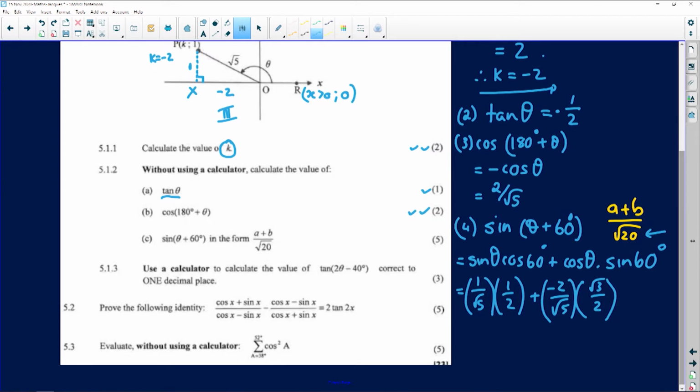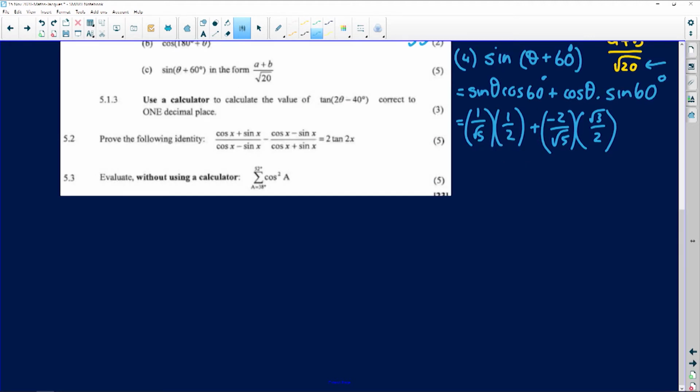What must we now do to get it into this form? I'm just going to make space here. We have 1. The LCD, in fact, is 2 root 5. So this is 1 minus 2 root 3. We still don't have a root of 20 in here.